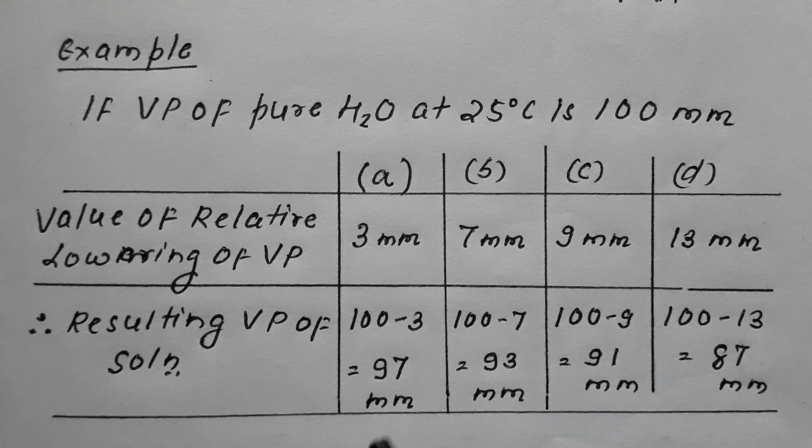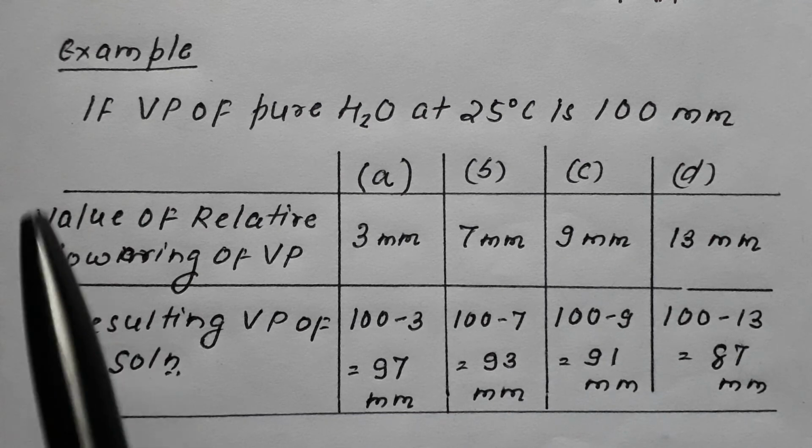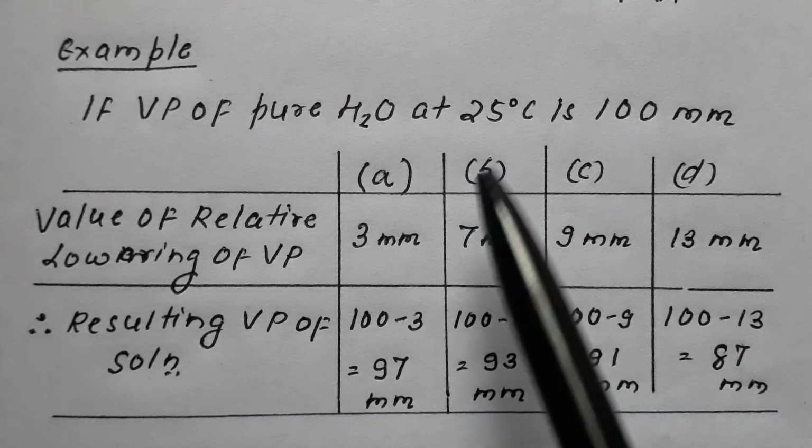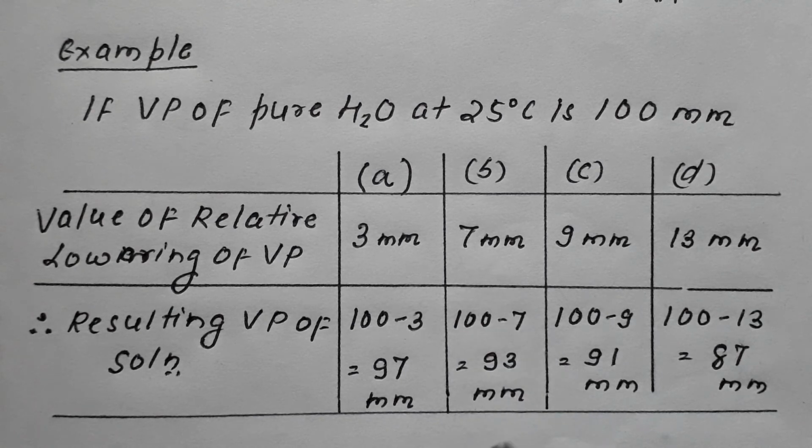In case of A the lowering is 3, so 100 minus 3 is 97 mm, the vapor pressure of solution A. It was 100 for pure water, but for solution A it is 97 because 3 is the lowering. In case of B the lowering is 7, so it is 100 minus 7, 93 mm, the vapor pressure of solution B.